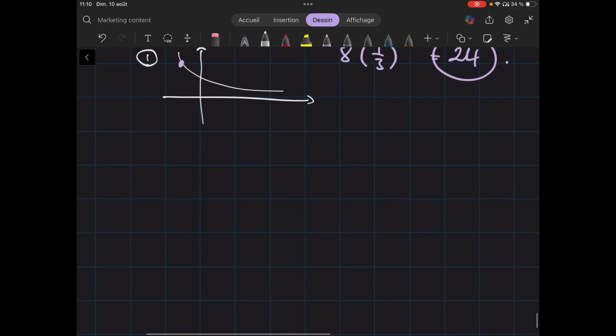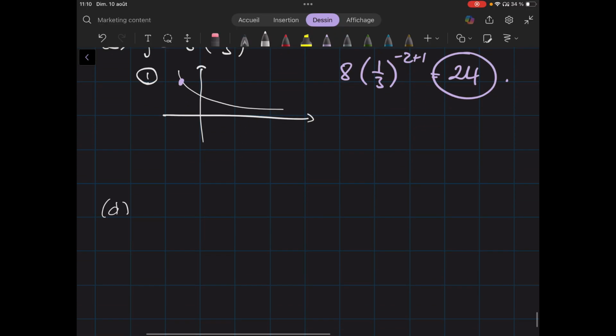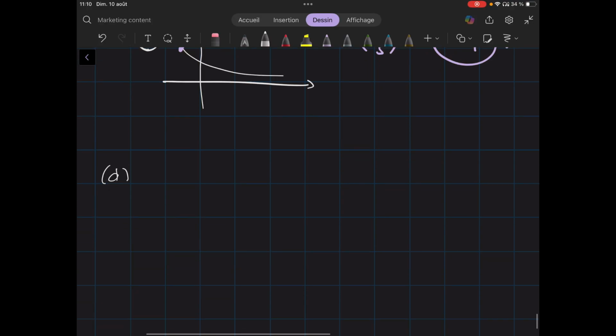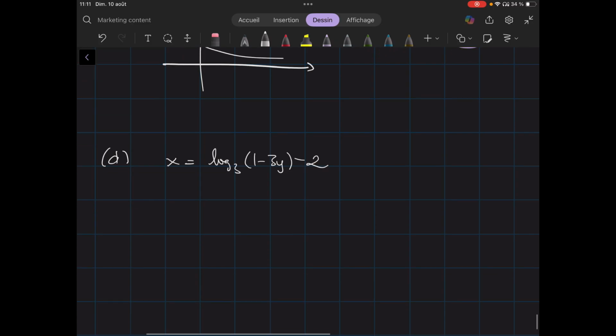Part D, find the inverse of the function. To find the inverse, first you have to switch x and y's. Now we want to solve for y.